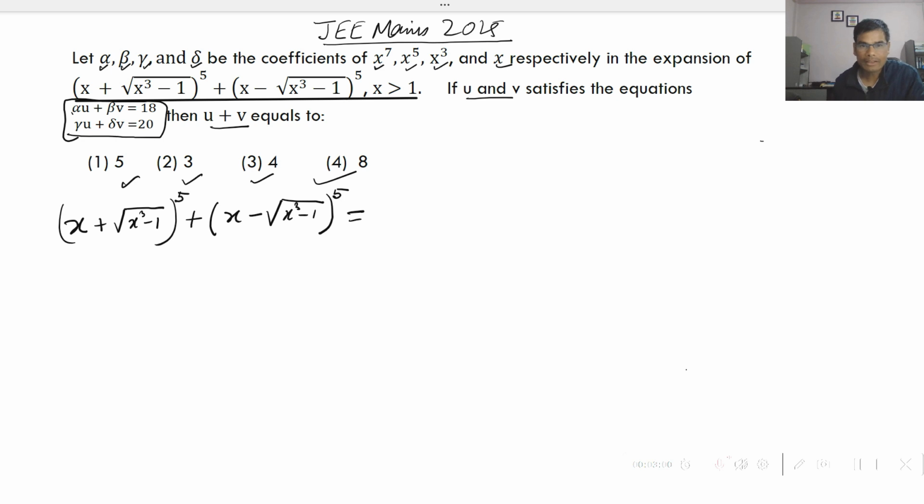So to expand this, we need the result from the binomial theorem. So the first one is (x plus y) to the power n. So this is equal to summation of nCr x to the power n minus r and y to the power r. And the second one is (x minus y) to the power n.